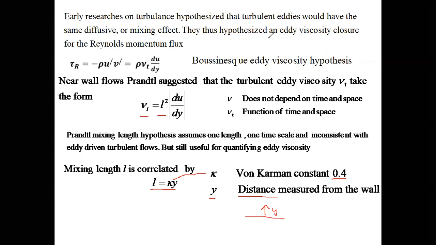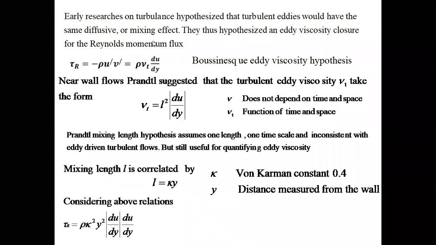Okay, right. Then we can write tau r equals rho nu t times du by dy.